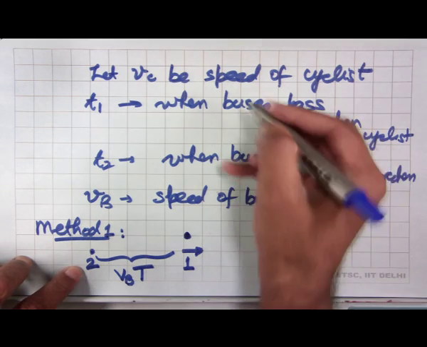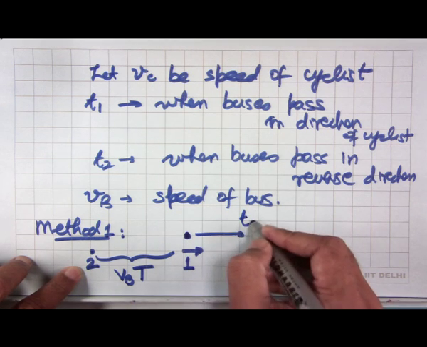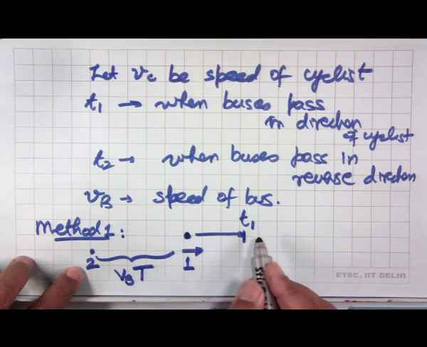Now, what is told to us is, the cyclist sees the next bus after time t1.